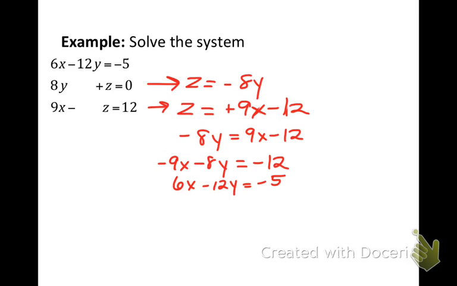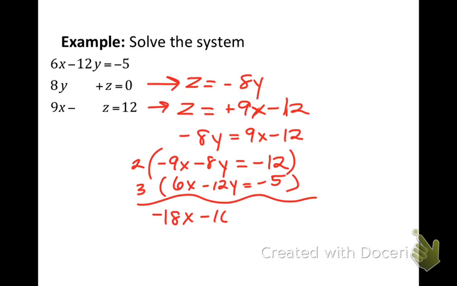So if I want to go to 18, I'm going to multiply my first equation by 2, multiply my second equation by 3. So now I get negative 18x minus 16y equals negative 24 for that equation. And then we get an 18x minus 36y equals negative 15.